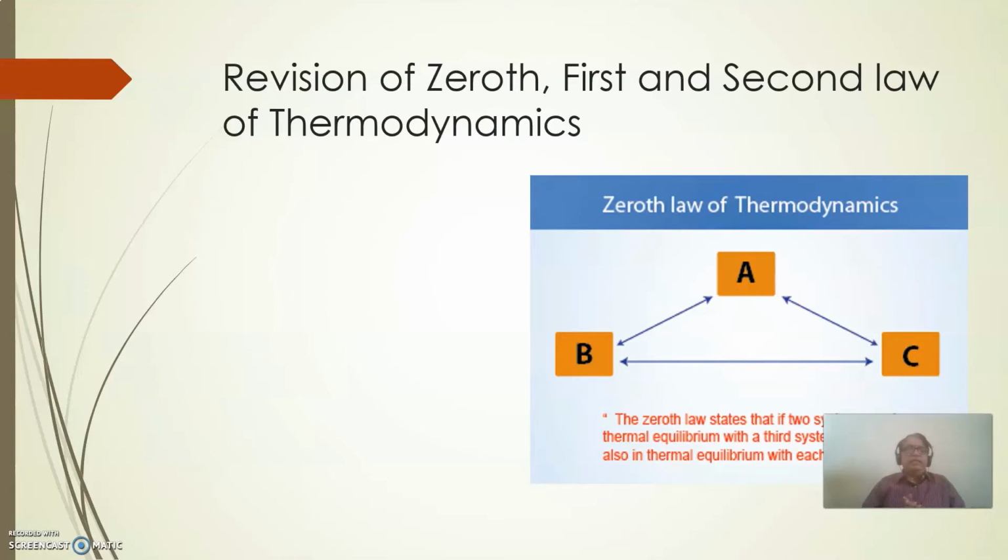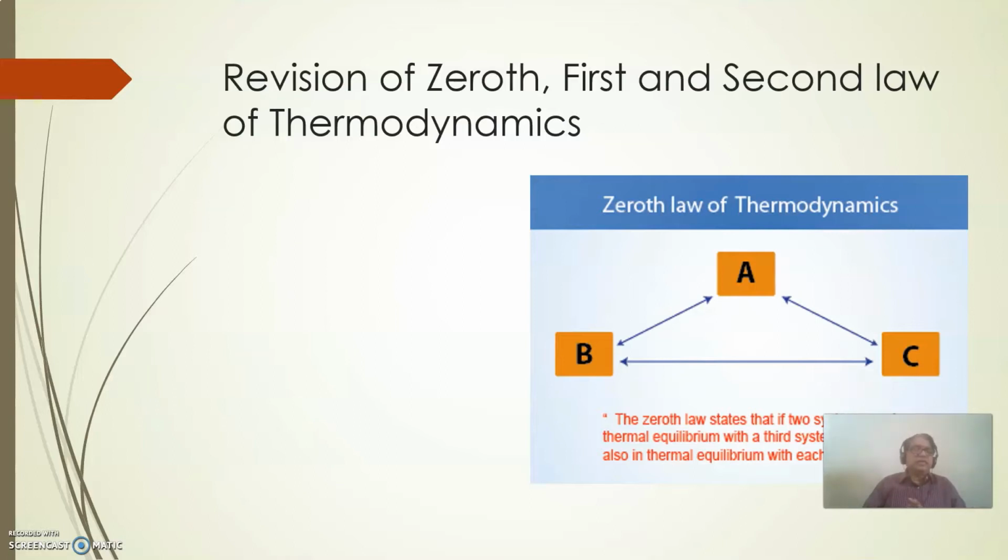When A and B are in equilibrium with each other, if these two bodies come in contact with the third body C, after some time, A, B and C all will become in equilibrium with each other.